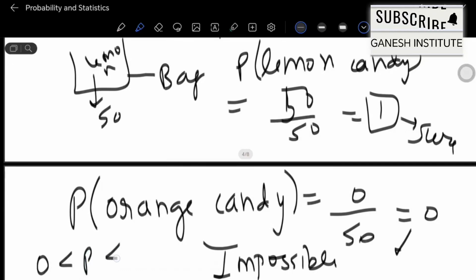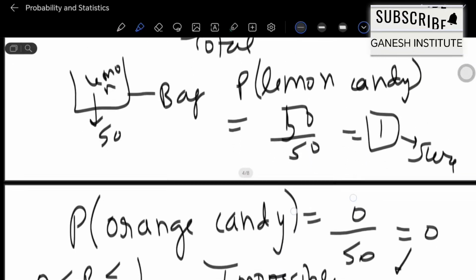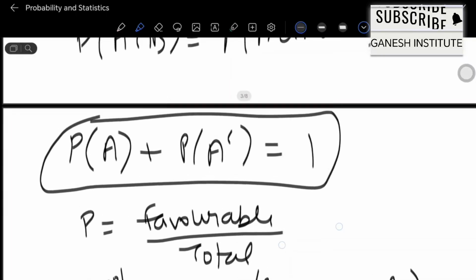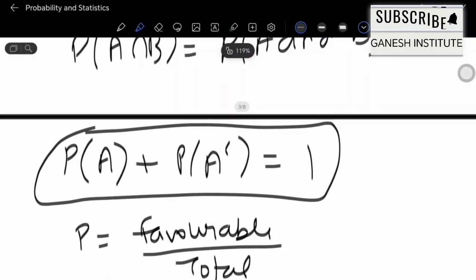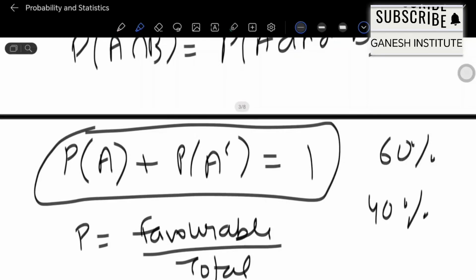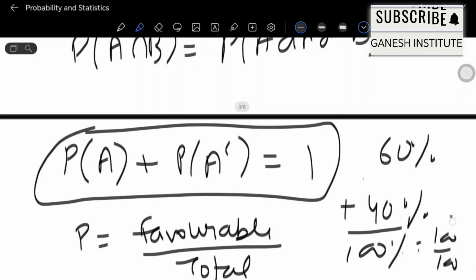Probability always lies between 0 and 1, both inclusive. And let's say you've got 60% marks in a particular subject. How much percentage has been deducted? 40%. That's simple, right? The sum is always 100%, that is 100 over 100, that is 1.